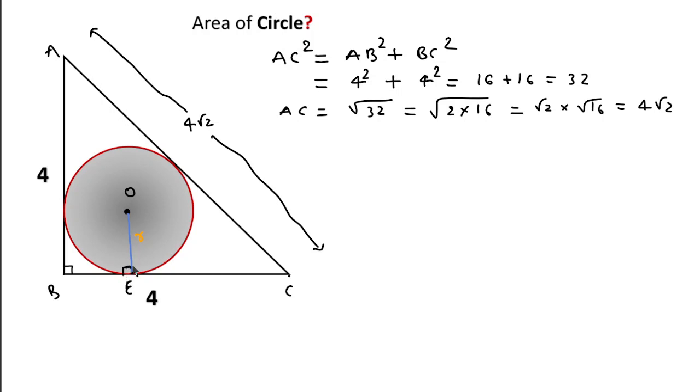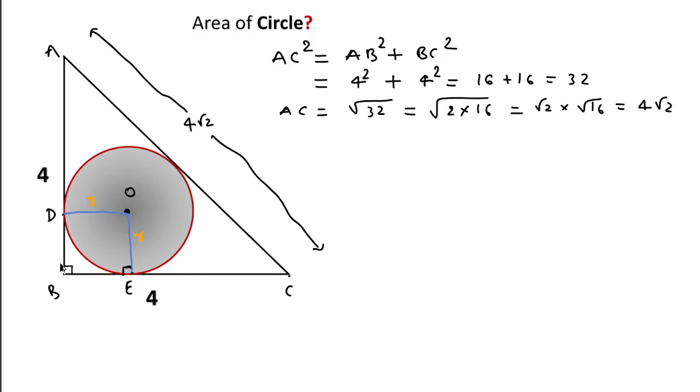Okay. Also, if we draw a line from this O to here, and consider this point as D, here OD will also be the radius, and we know the radius is always perpendicular at the point of tangency.